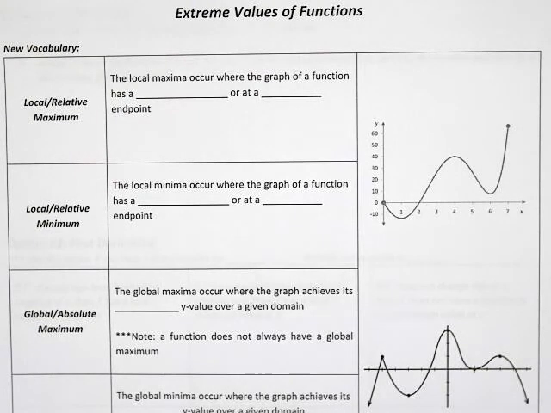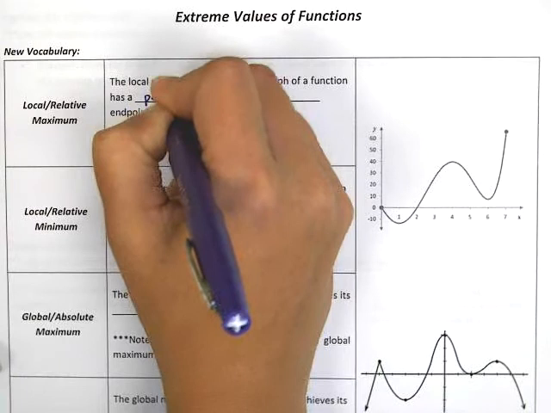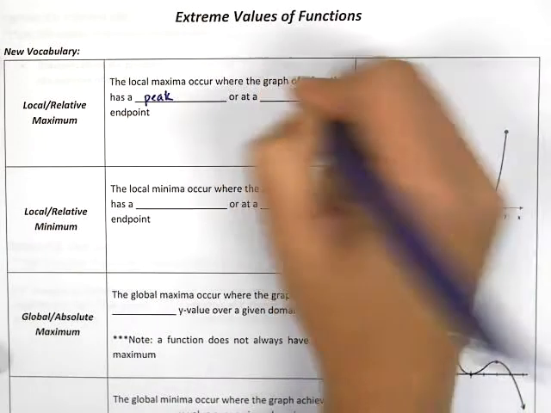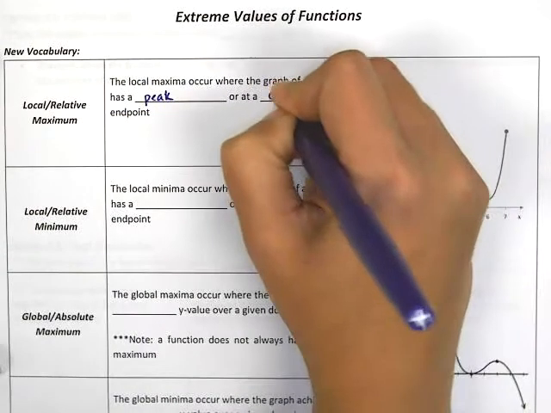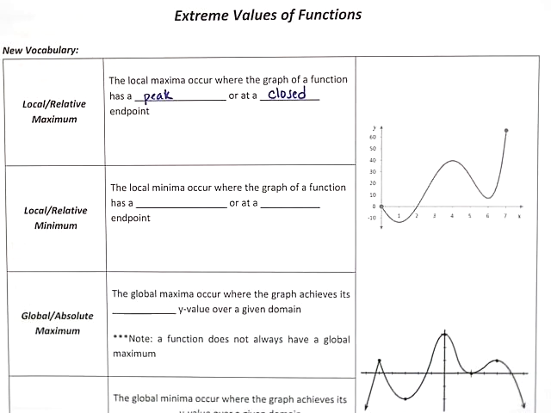The local maxima occur where the graph of a function has a peak or at an endpoint. And the endpoint has to be closed in order for there to be a maximum there. Let's do an example for this one.